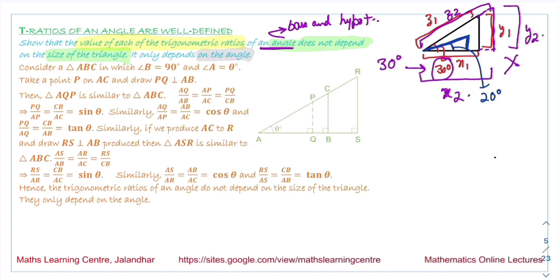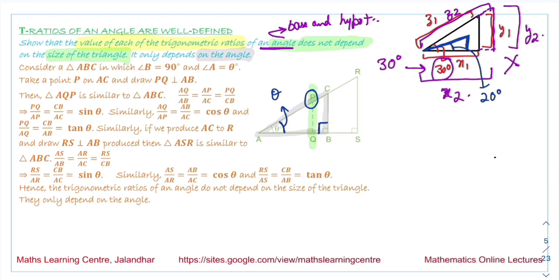So to prove this, we have considered a triangle ABC, in which angle B is 90 degrees. This angle at B is 90 degrees, and the angle at A is theta. We have taken a point P on AC, and we have drawn this perpendicular PQ on AB.